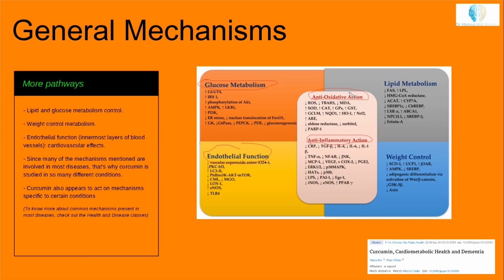But there also appears to be some specific action of curcumin in mechanisms of specific diseases. So curcumin acts on some pathways that are present in many diseases, but on specific conditions, curcumin also appears to have specific effects. If you want to know more about these disease mechanisms that are present in many different conditions, you can check out the health and disease classes.